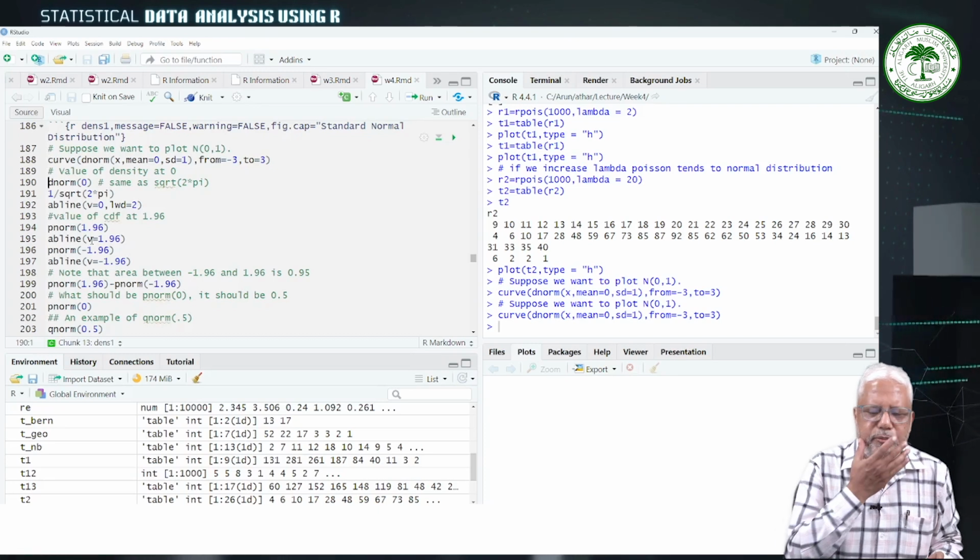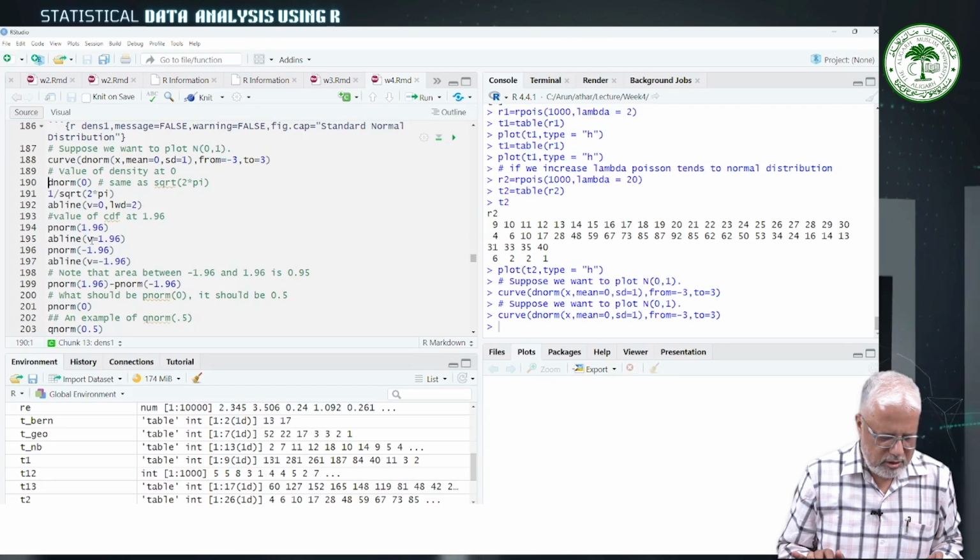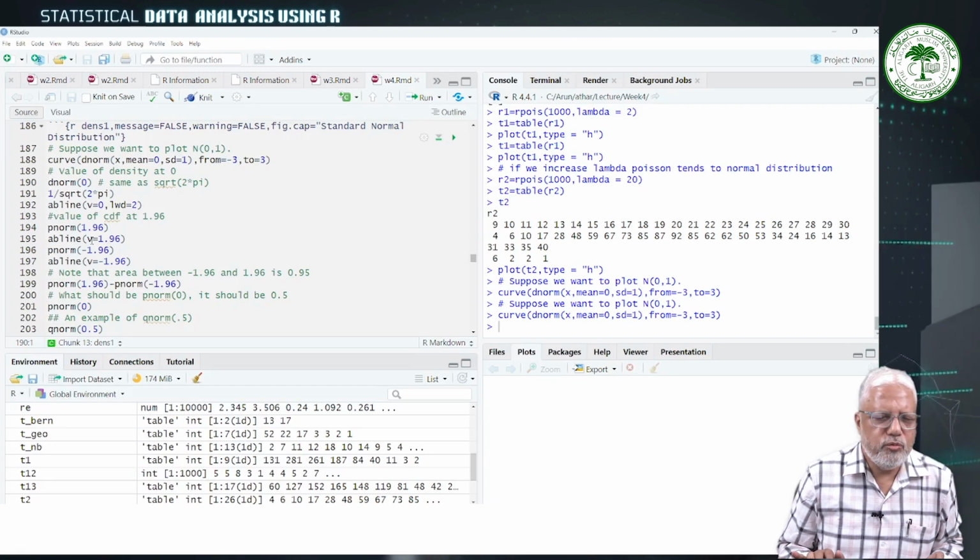If we want to compute the density of the normal at 0, see what should be the value.